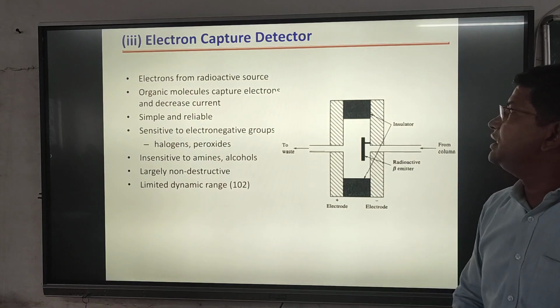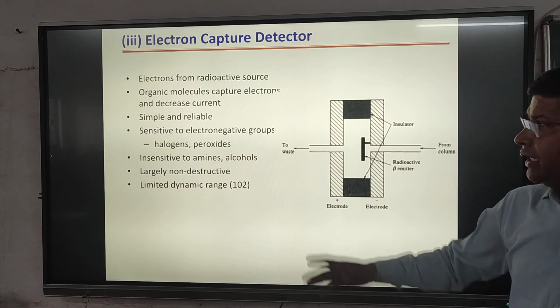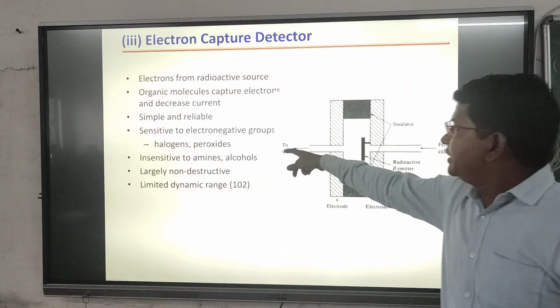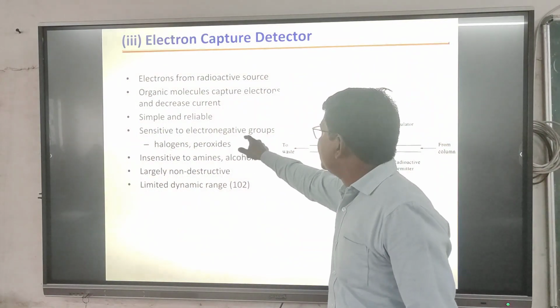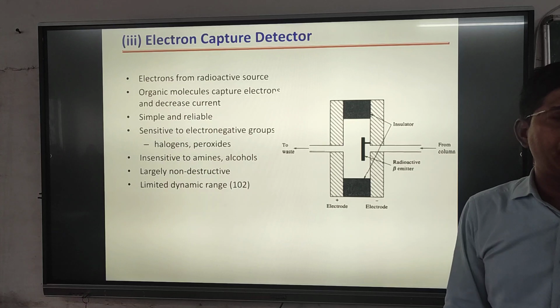Another detector is the electron capture detector, and this is the characteristic of the detector: it is used for compounds containing electronegative groups. If your compound contains a halogen group, like most of the chlorinated pesticides.